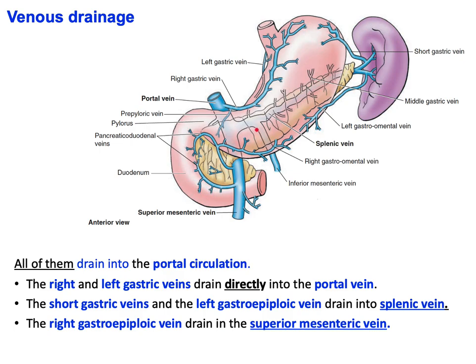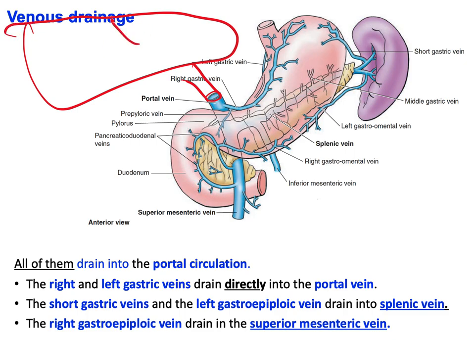So that was about the arterial supply, but what about the venous drainage? The venous drainage of the stomach is very easy. You know that the blood from the stomach returns ultimately to the portal vein, which of course drains into the liver to be transformed and detoxified, since the blood has minerals and different substances that should be processed in the liver, then drains into the inferior vena cava.